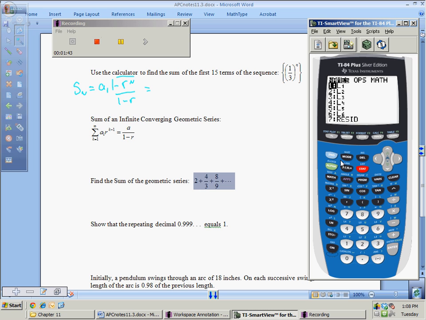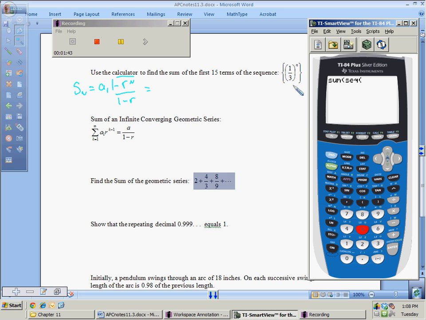It's just like what we did with the arithmetic sequence. Go over to math and down to 5, which is sum. Then go second stat, over to ops, and again number 5, so that'll give you the sum of the sequence.